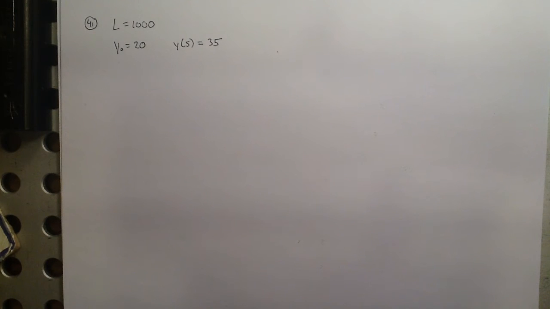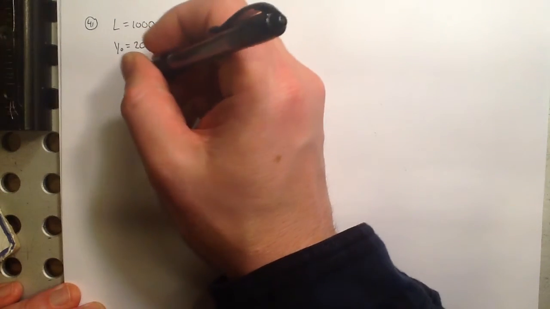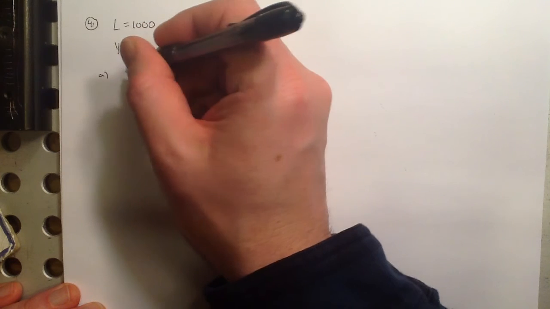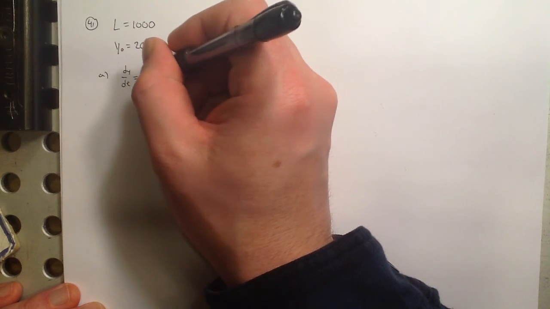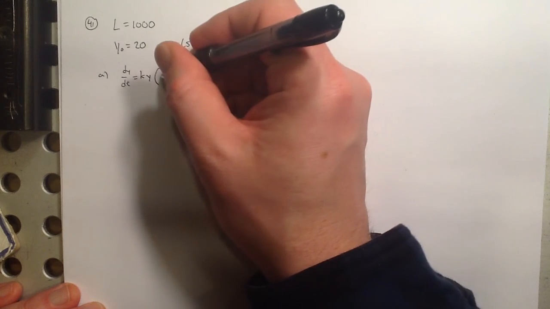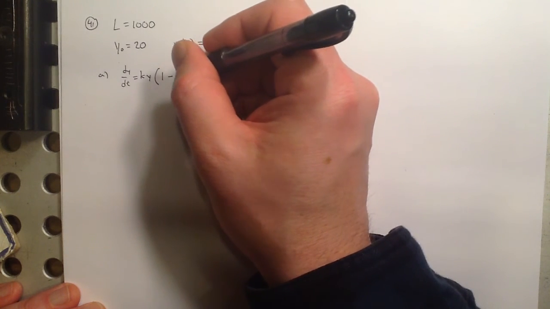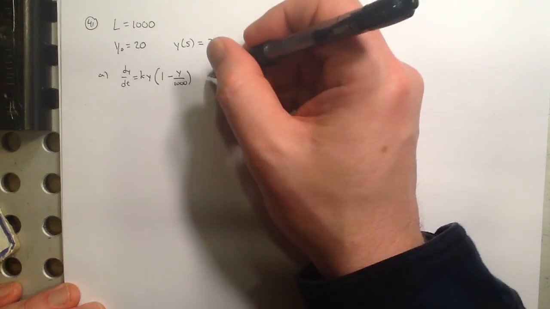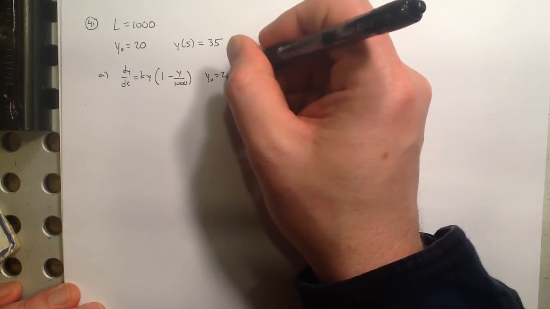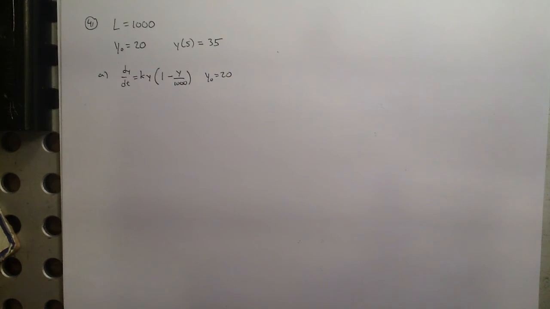So we're going to use a logistic model to set up an initial value problem whose solution is the number of students who will have the flu t days after their return from break. So dy/dt would be equal to ky times 1 minus y over the carrying capacity. And we know that y sub 0 is 20. That's the initial value problem.